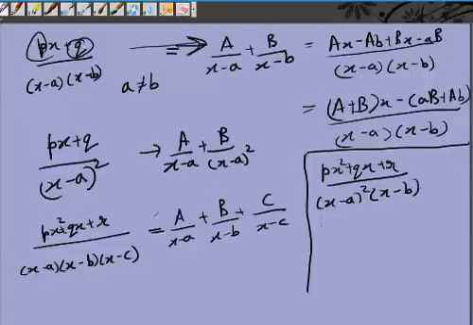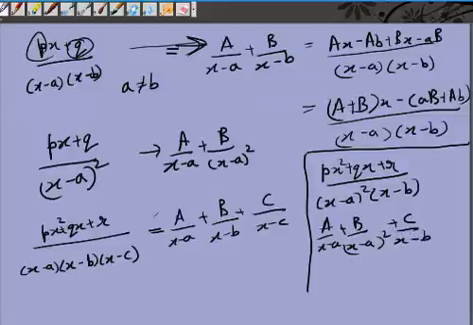Well, then what you do is A by (x minus a) plus B by (x minus a) whole squared plus C by (x minus b). Right. So this is the method of partial fractions, and once you have it in this form where capital A, B, and C, small a, b, and c are all constants, you can obviously calculate the integral, because you know the integrals already. It will be either polynomials or logarithmic.